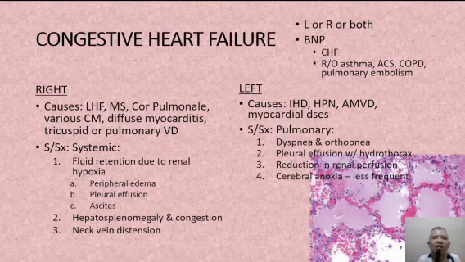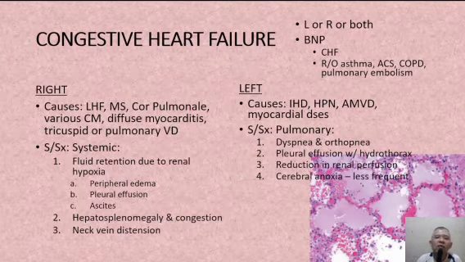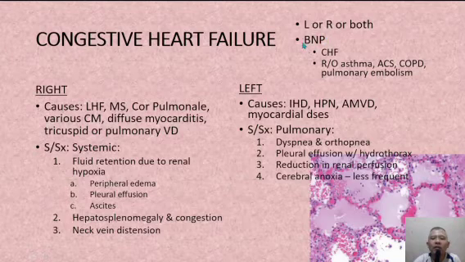Congestive heart failure is the inability of the heart to pump. We have one marker here called the brain natriuretic peptide. It is increased in cases of congestive heart failure because the role of brain natriuretic peptide is to diurese, to excrete excess sodium.